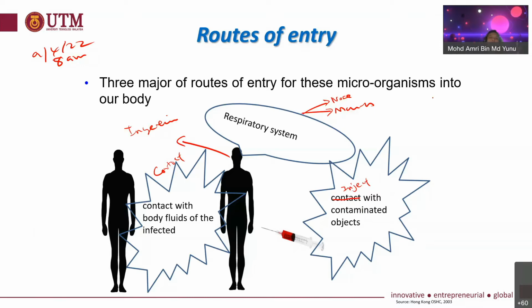So there are four: basically respiratory, ingestion, injection, and contact. Those are the routes of entry into our system or body system.